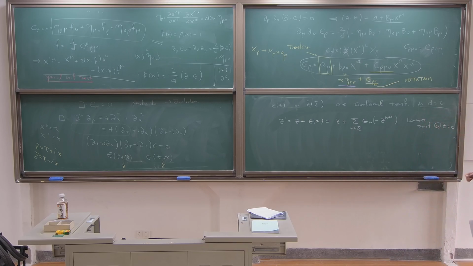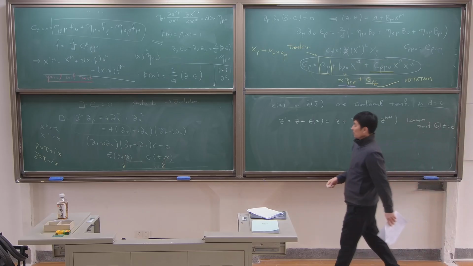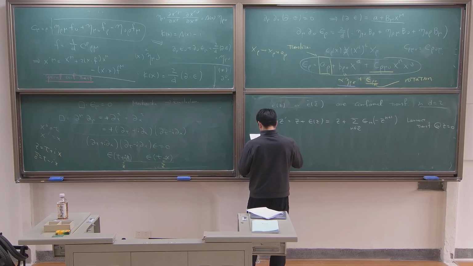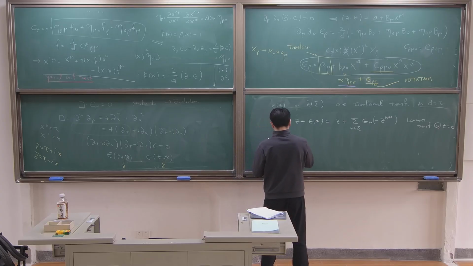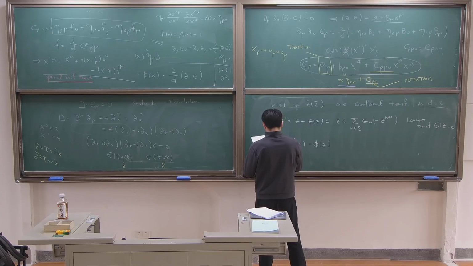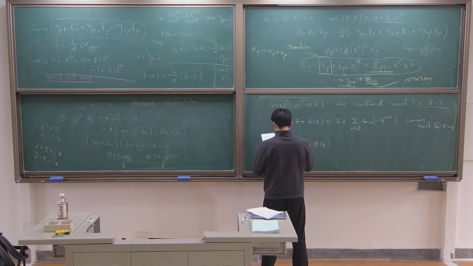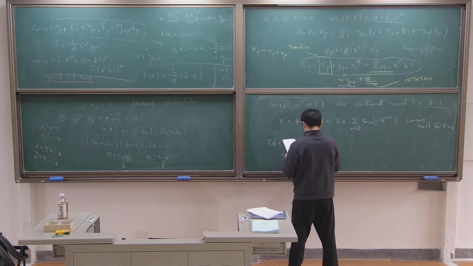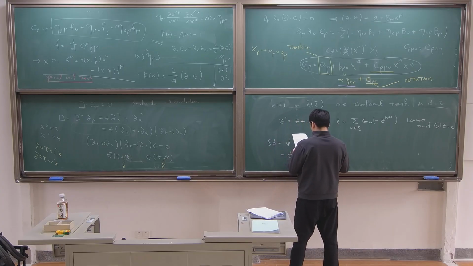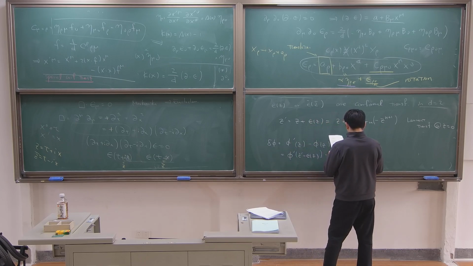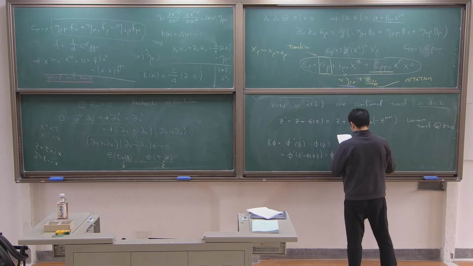Then the field is transformed as follows: phi prime of z prime minus epsilon of z, and this is equal to minus epsilon of z times del phi.